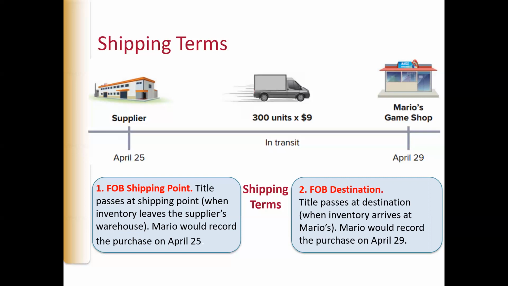In that case, the title passes to Mario when they receive the goods at the destination at Mario's warehouse dock. If that's the case, then Mario would record the purchases on April 29th. So how the shipping instructions work determines when we will record this transaction.